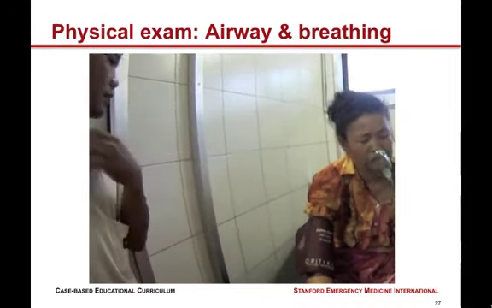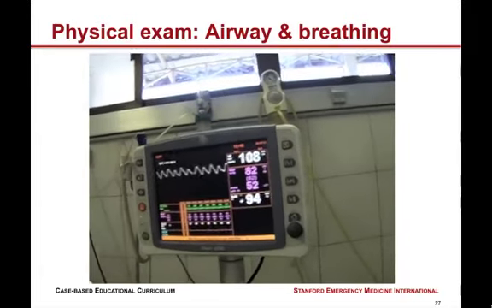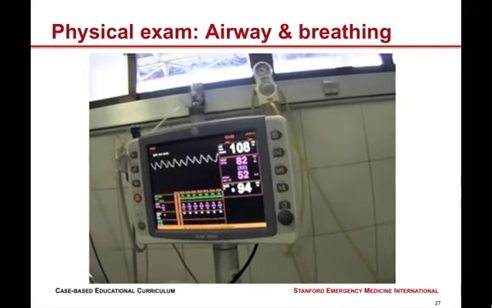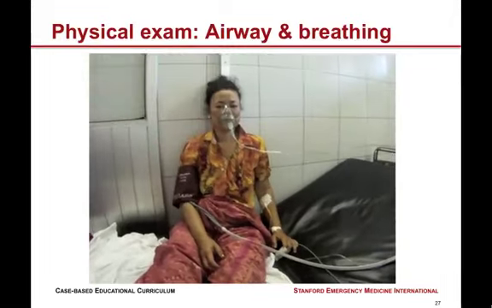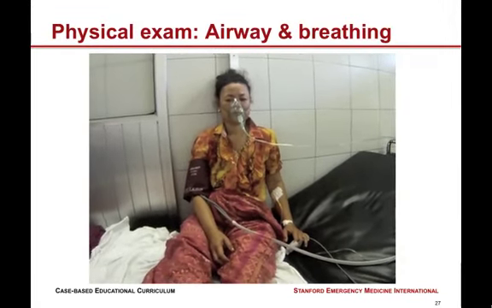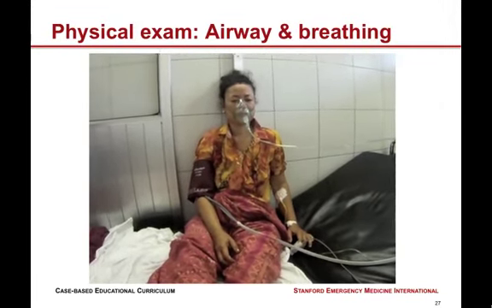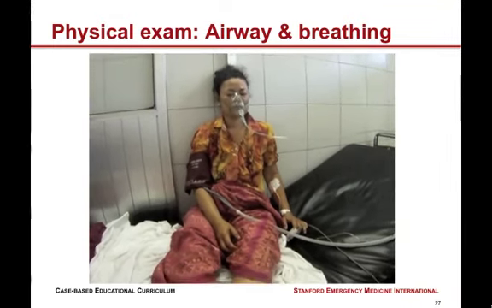We can see the patient is talking, so the airway is intact. After giving oxygen, the patient has improved O2 levels, but continues to breathe rapidly. The patient still has tachypnea.